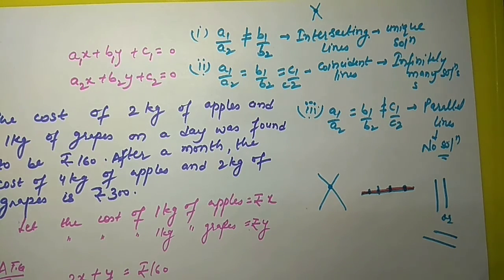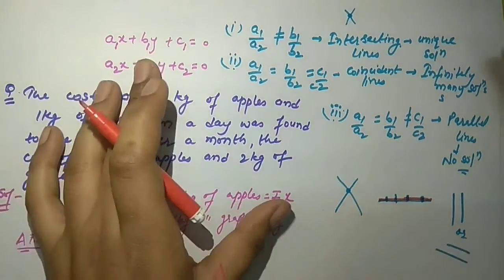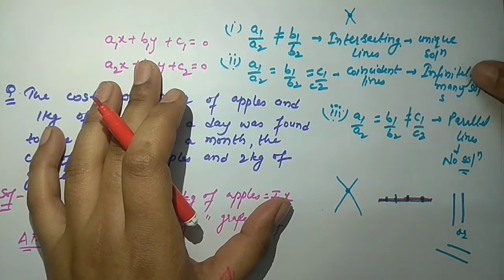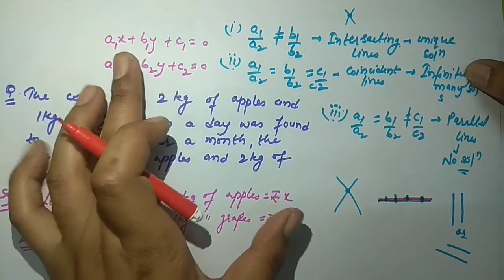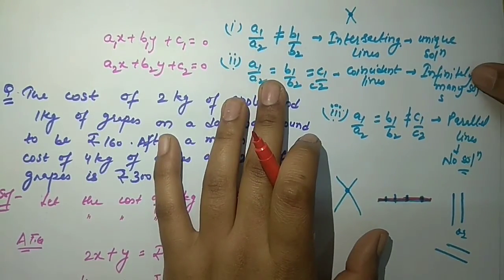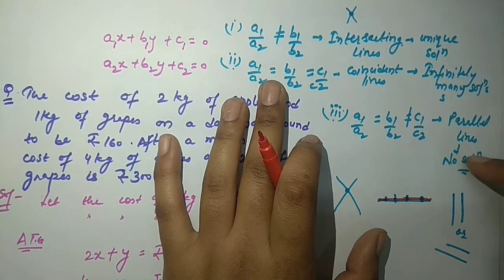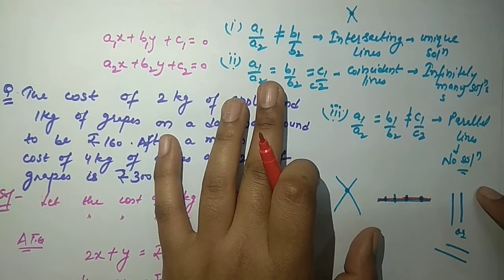Always remember this. Also, I want to mention here something, that these first two types are known as consistent type. Means these two pairs of lines are consistent and this is inconsistent. Why inconsistent? Because it has no solution.